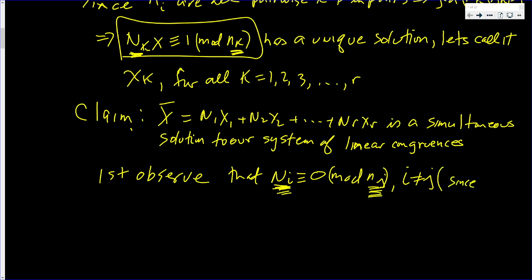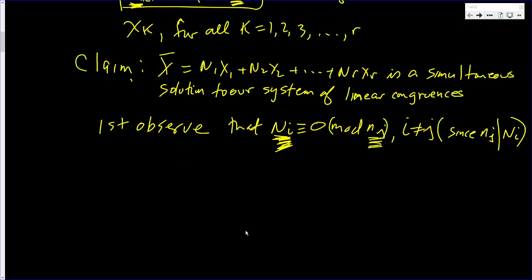This is since little n sub j divides big N sub i. Okay, so now we have that. Now this is for all i not equal to j.